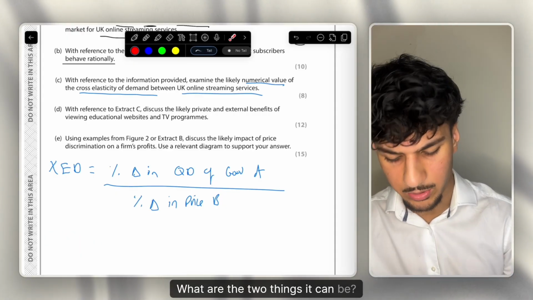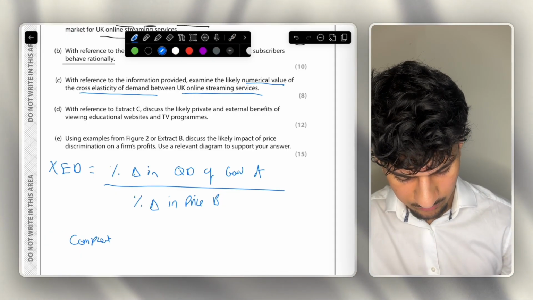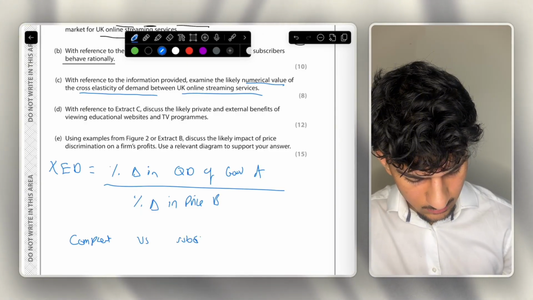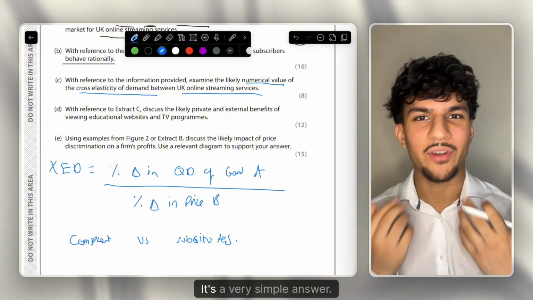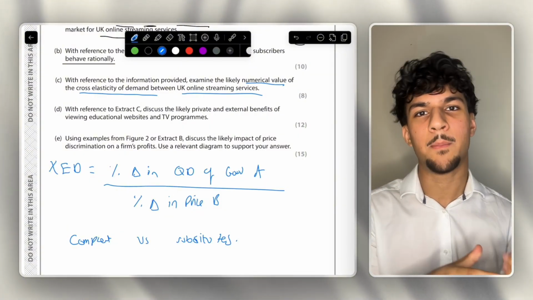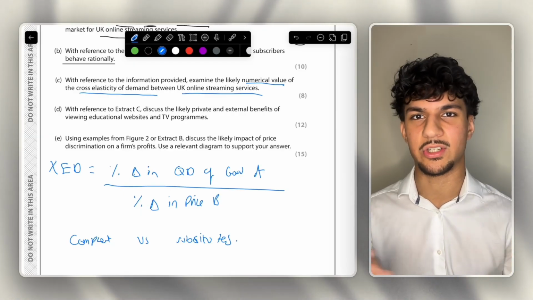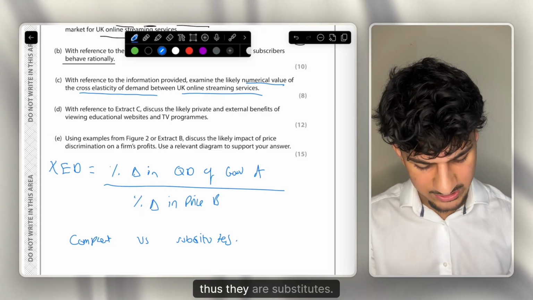What are the 2 things that it can be? Your XED value tells you if it's a complement or if it's a substitute. Now, are these substitutes or complements? It's a very simple answer. People will subscribe to Disney Plus instead of Netflix. Why? Because Disney Plus might have some shows that Netflix doesn't, or they might like Disney Plus more. They both offer the same thing, thus they are substitutes.